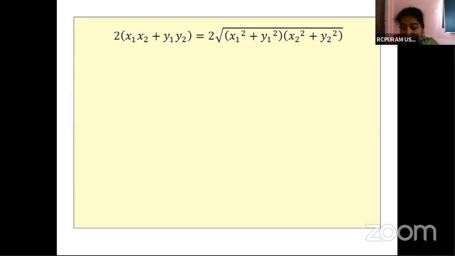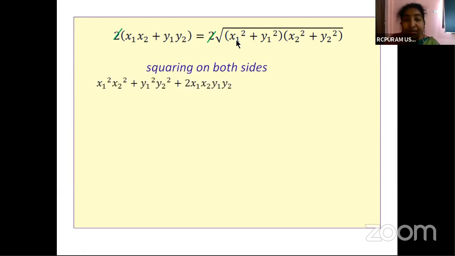Now I can cancel 2 on both sides, and I will again take squaring on both sides to cancel the root which is on our right hand side. Then you will have it as (x1x2) whole square is x1 square x2 square plus (y1y2) whole square is y1 square y2 square plus 2 into x1x2 into y1y2.